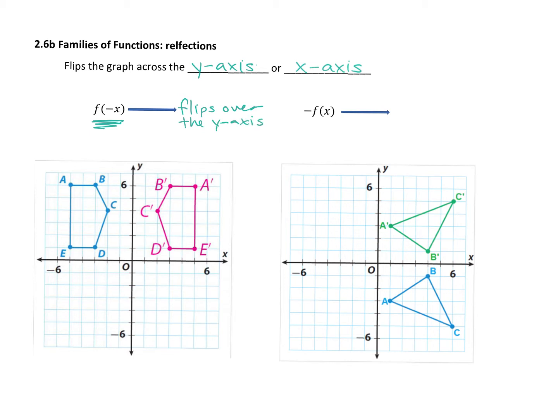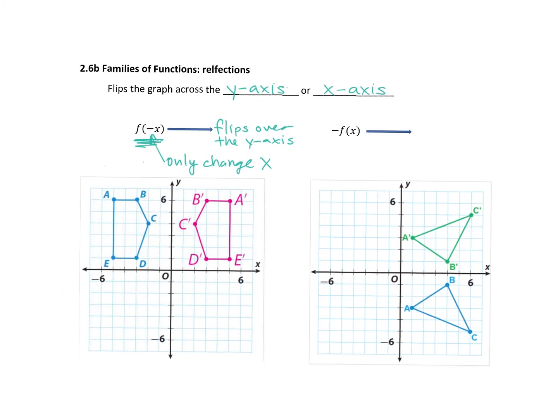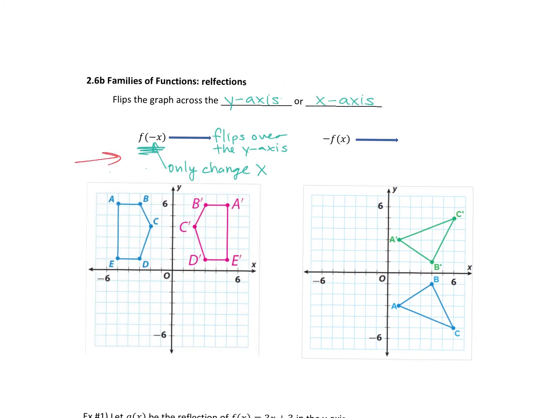Notice here, you will only change your x. It's the opposite of x. It's not the opposite of the function. It's the opposite of the x value. When this happens, if it's a line, which the majority of the time it will be, only the slope changes.